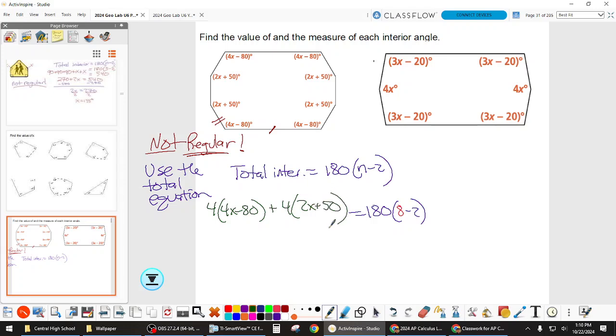Do you agree that the two green things also tell us the total? Except it's not going to tell us a number, right? We have to solve for that. But it's an equivalent expression to this. So an octagon, I told you you'd memorize this eventually, has 1,080 degrees, made up of all these pieces.